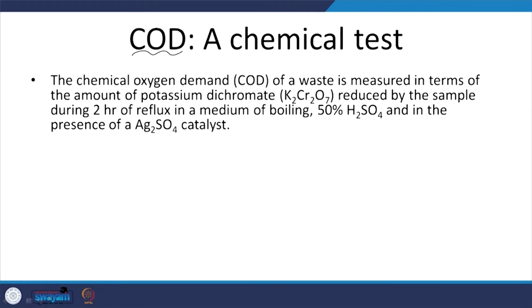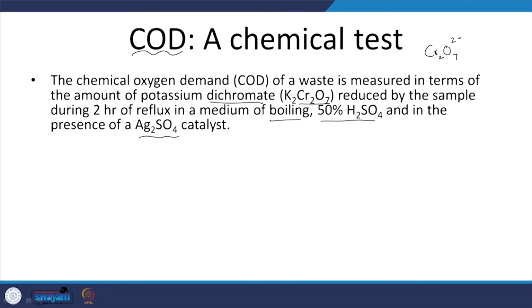So, COD of the waste is measured in terms of the amount of dichromate, Cr2O7 2−, which is used to oxidize the sample during a 2-hour period in a medium of boiling and acidic conditions, and in the presence of Ag2SO4 catalyst.